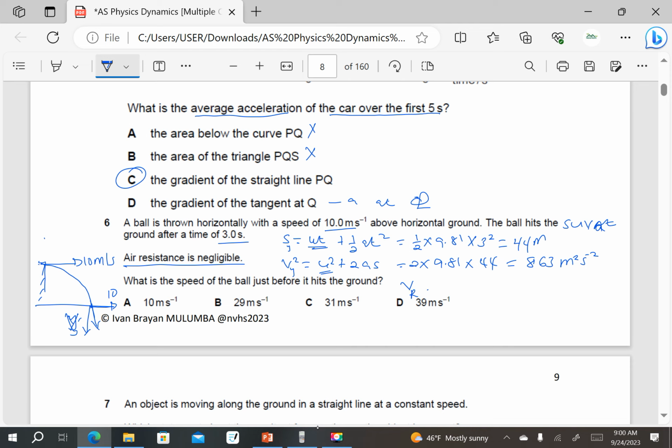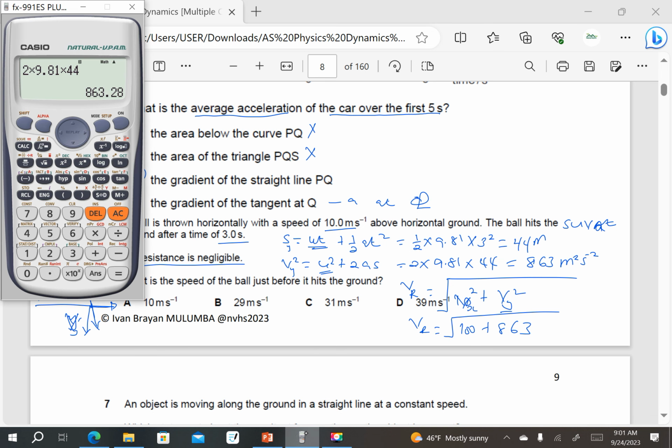The resultant velocity is going to be the square root of 10 squared plus v in the x squared plus v in the y squared. Remember, v in the y squared is 863. So this means v resultant is going to be the square root of vx squared, which is 100, plus vy squared, which is 863.